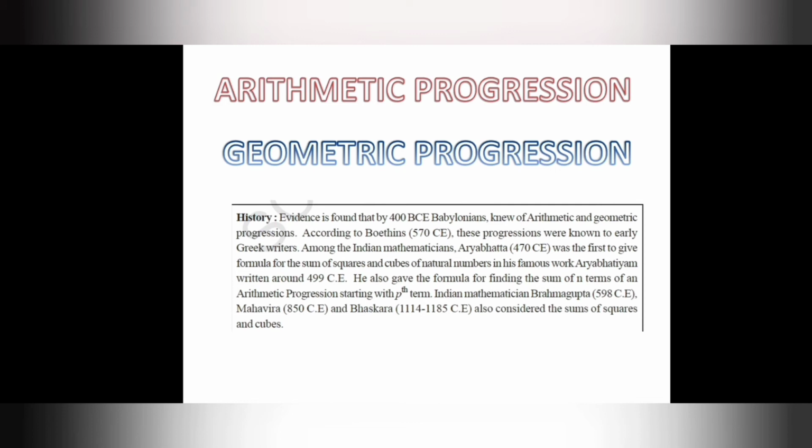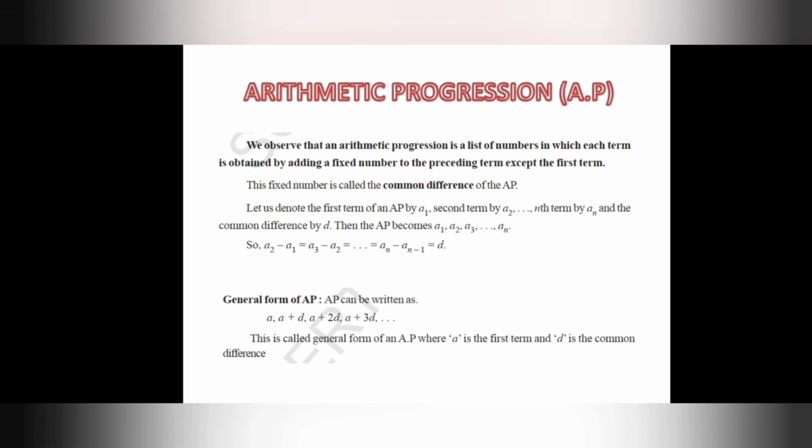On the screen you can see the evidence is found by 400 BCE, Babylonians knew of arithmetic and geometric progressions, and among Indian mathematicians, Aryabhatta was the first to give formulas for the sum of squares and cubes of natural numbers in his famous work Aryabhattiyam, written around 499 CE. He also gave the formula for finding the sum of n terms.